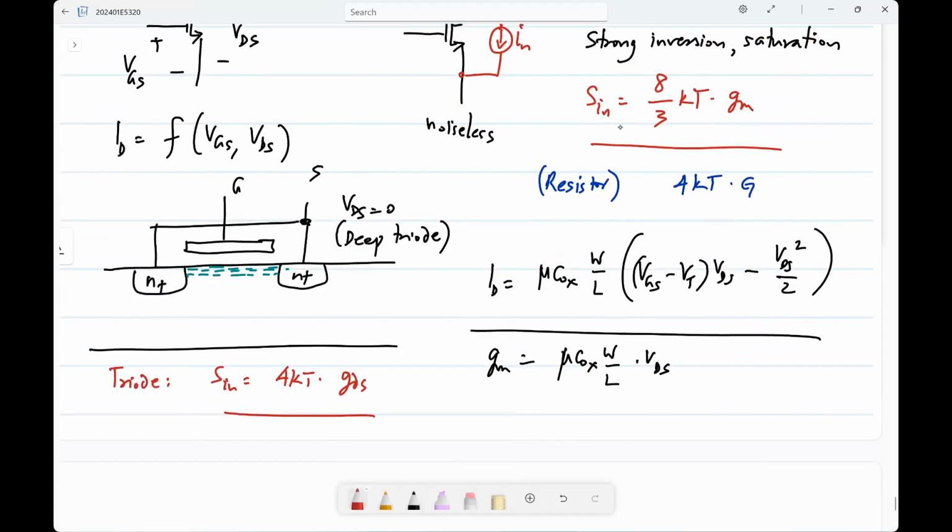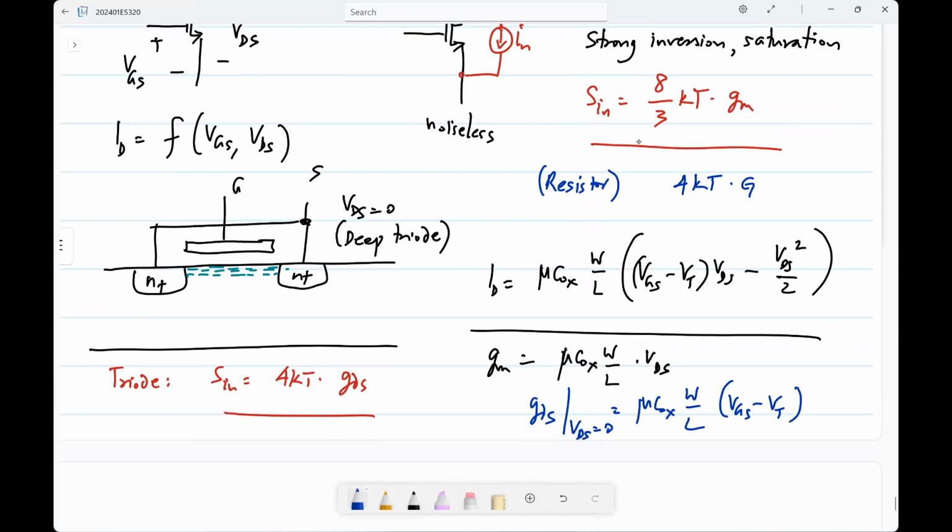Forget lambda. Let's say lambda is 0. How do you get the GDS from this expression? Differentiate with respect to VDS. So GDS in the triode region equals mu CoX W by L times (VGS minus VT). This is in fact not just triode, this is the expression when VDS equals 0. What is the expression for GM in the saturation region?